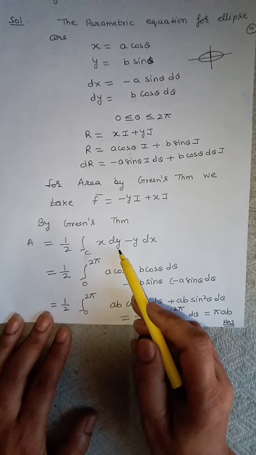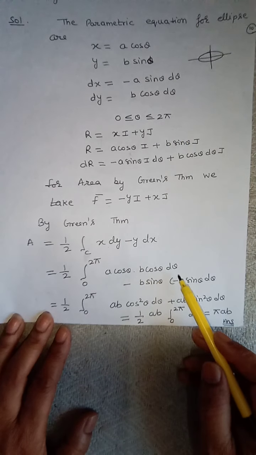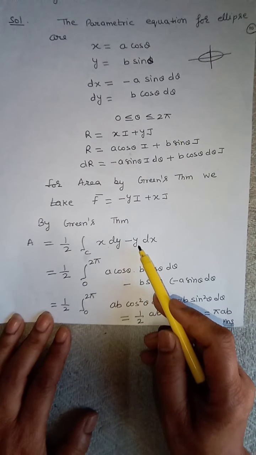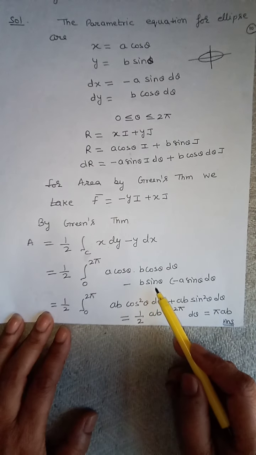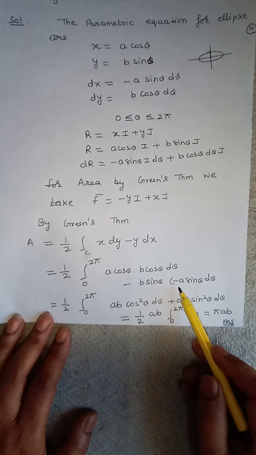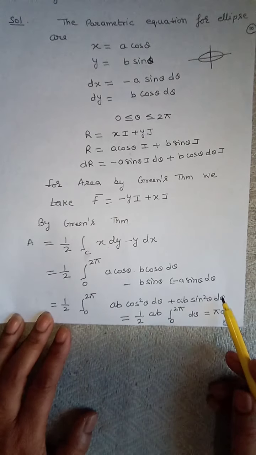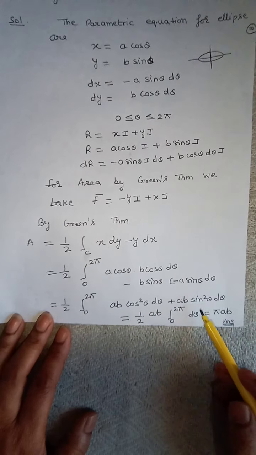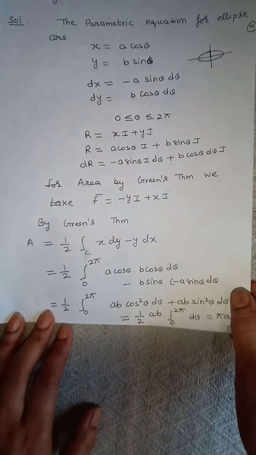Put the value of dy is b cos theta d theta, minus y is b sin theta. So we put the value of y, then we put the value of dx, and the limits of theta is from 0 to 2 pi. We solve this integral, we get pi a b. So area of an ellipse is pi a b.